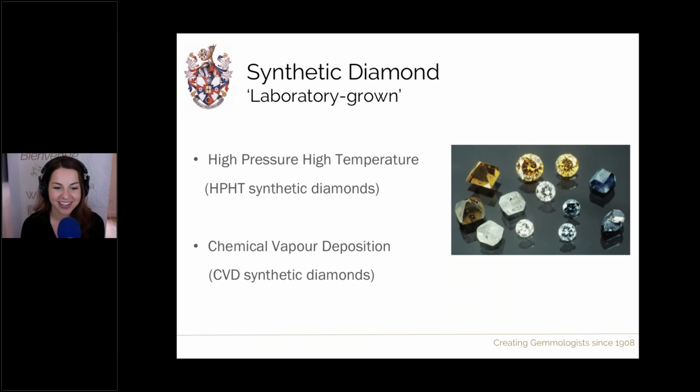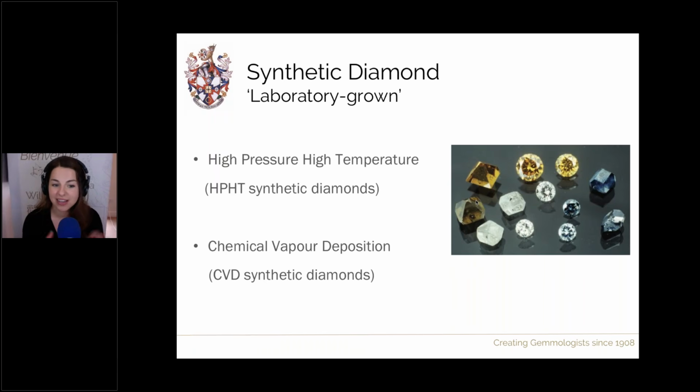These are grown within a vacuum, if you like. We have the chemicals going in, which is methane, CH4, and this is ripped apart in a plasma and deposited on these crystal seeds. These have also been created since the 1950s, 1956, but these were not made in gem quality sizes until really the last decade.